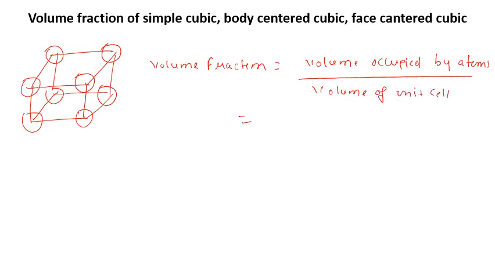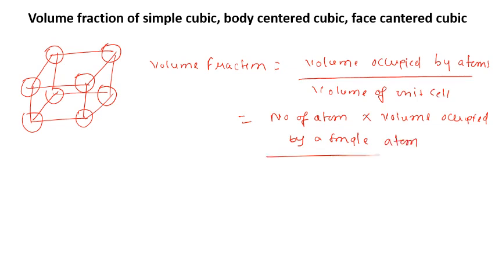So the volume occupied by atoms can be calculated by the number of atoms in a unit cell multiplied by the volume occupied by a single atom, divided by the volume of unit cell. Let us try to find how many atoms are in a simple cubic unit cell.